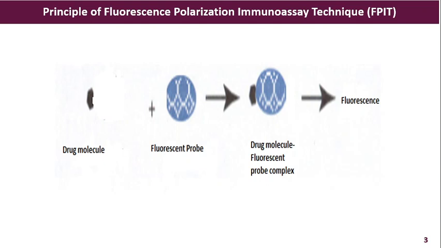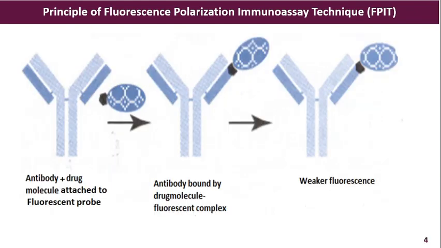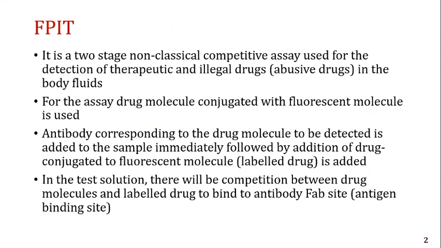So initially, after the formation of complex of drug with the fluorescent probe, the fluorescence is measured of the drug molecule fluorescent probe complex and it is recorded, which is the base fluorescence of the drug fluorescent probe complex. Then the antibody corresponding to the drug molecule which is to be detected in the sample is to be added.